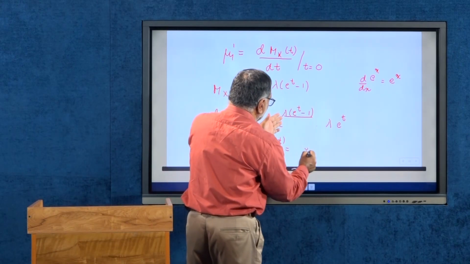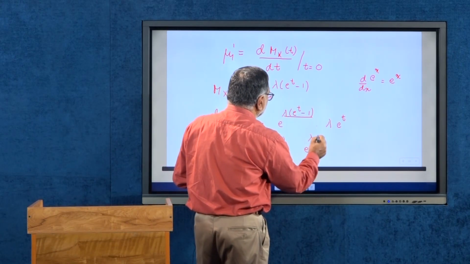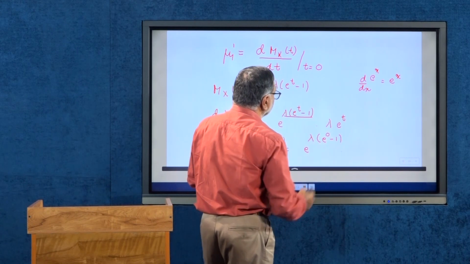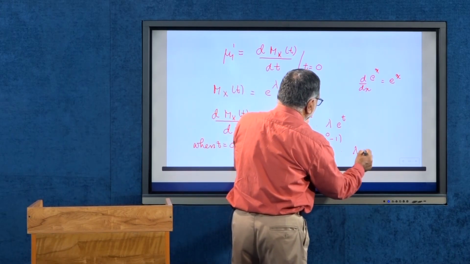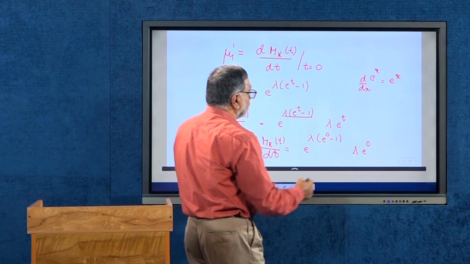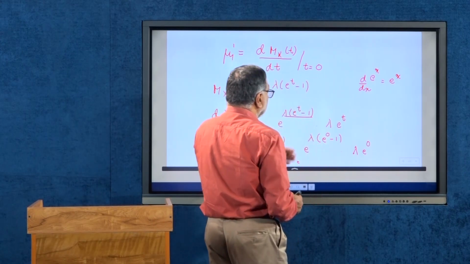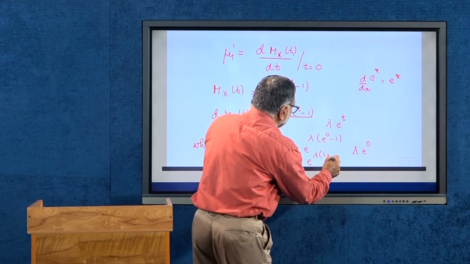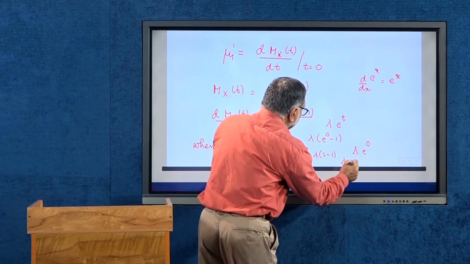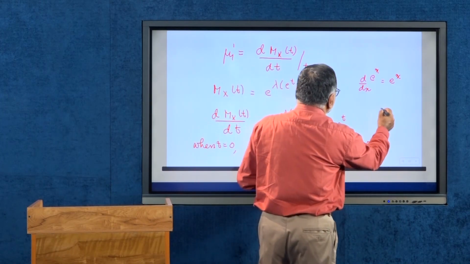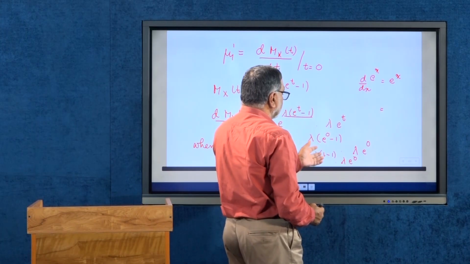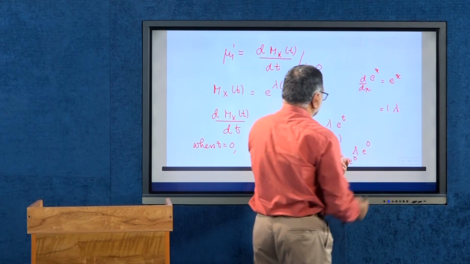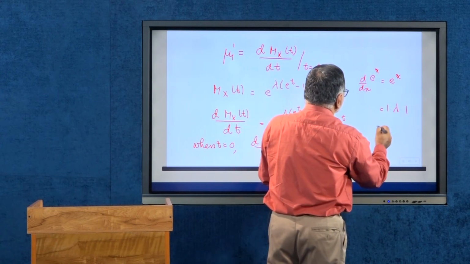You just note here, e^(lambda(e^0 - 1)) into lambda e^0, and that is equal to e^lambda times (e^0 is 1, so 1 - 1) into lambda e^0. That gives e^0, which is 1, times lambda, again e^0 is 1. So, this is equal to lambda.